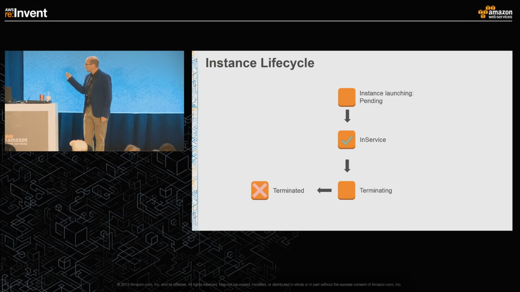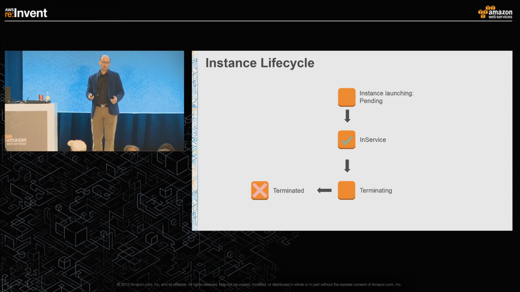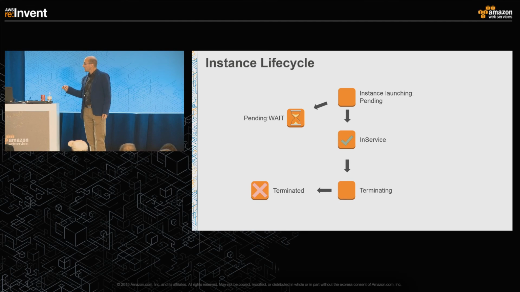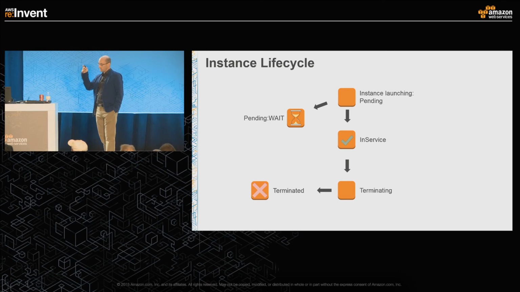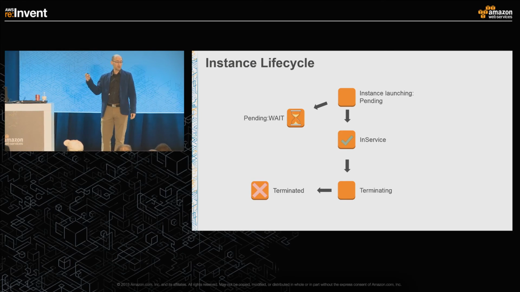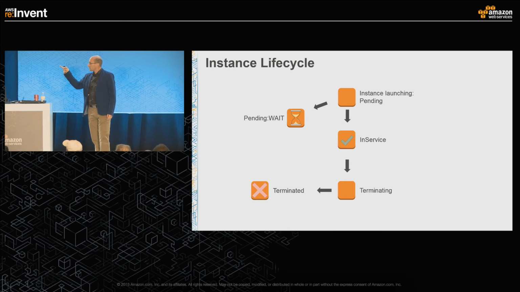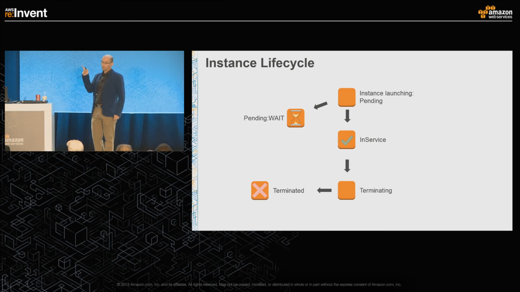How does it work? Well, that's what we've just seen. As soon as you configure lifecycle hooks, either for termination or for launches, it will add a couple of different states. So for example, if you want to have a lifecycle hook on instance launches, the instances aren't launched right away, but they're put into a pending wait state. And you can keep them there basically as long as you like. By default, if you don't reply back to autoscaling after 60 minutes, it will terminate it because it thinks that something went wrong.